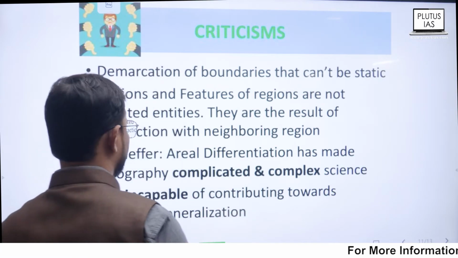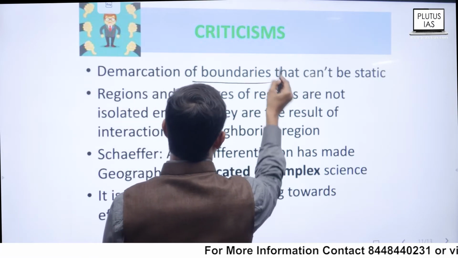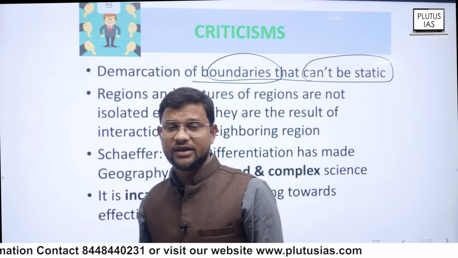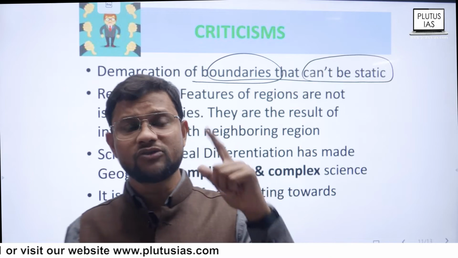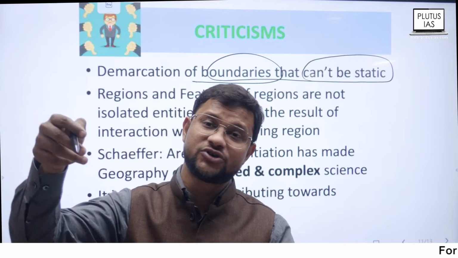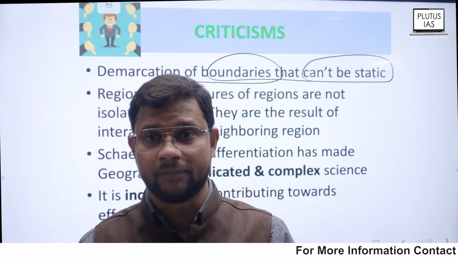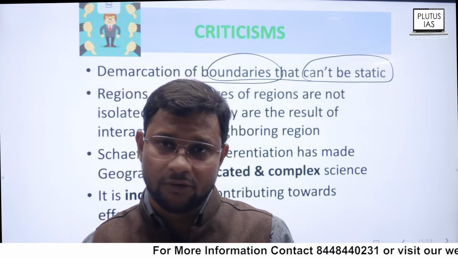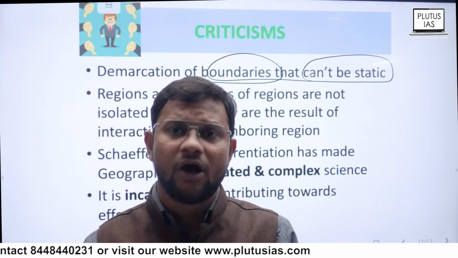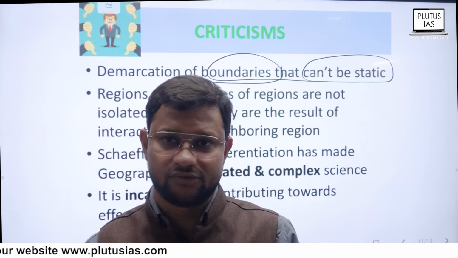Now, if you follow, demarcation of boundaries cannot be static. To identify the boundaries of any region is really difficult. See, you can draw natural and artificial boundaries, and after drawing them you will see the problems too. Radcliffe line, McMahon line, India, China, or any other border dispute as you find.